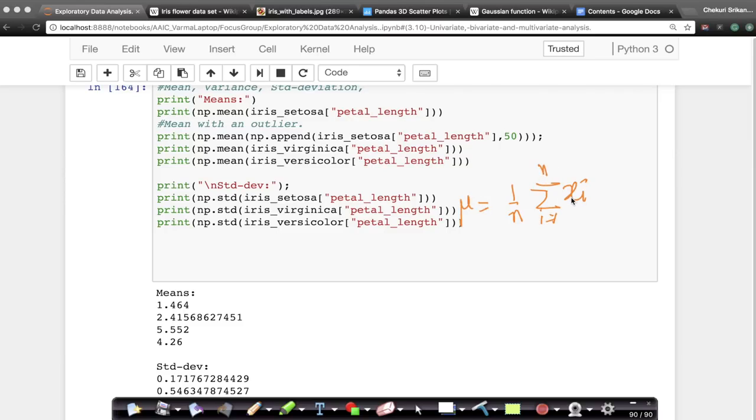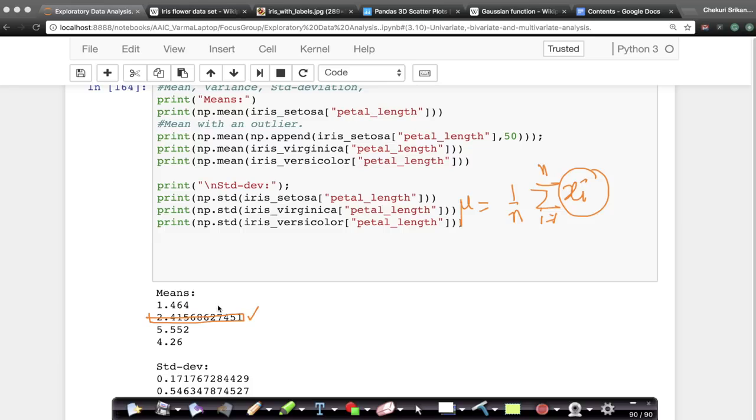And the sum could become extremely large if I have one extreme point, right? Let's assume all my numbers lie between 1 and 2, but only one number exists which is extremely large. Let's assume it is 1000. My sum will increase drastically, right? Because of one mistake. So mean has this fundamental problem that because of one outlier or one error, your mean can increase drastically.